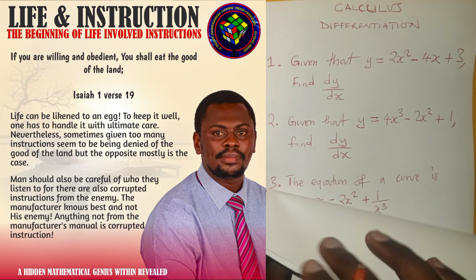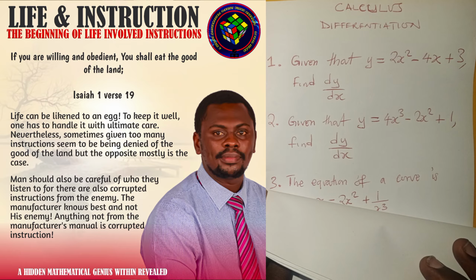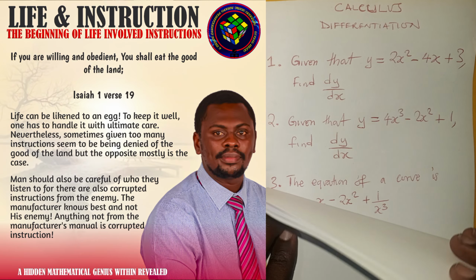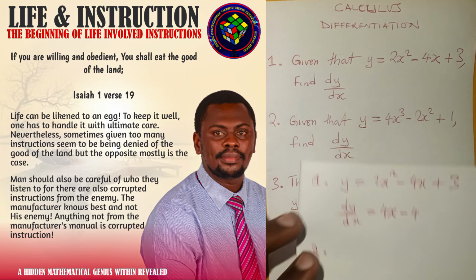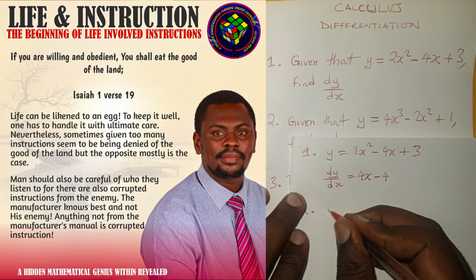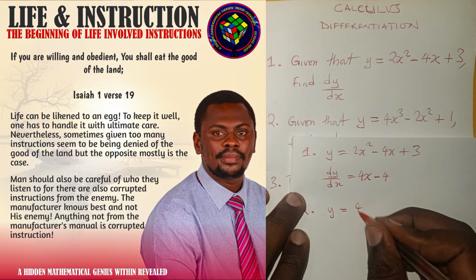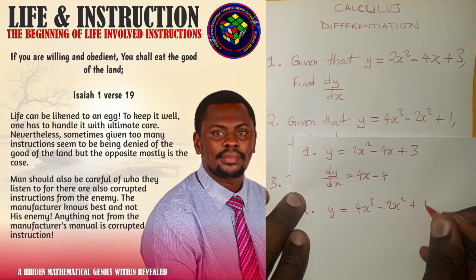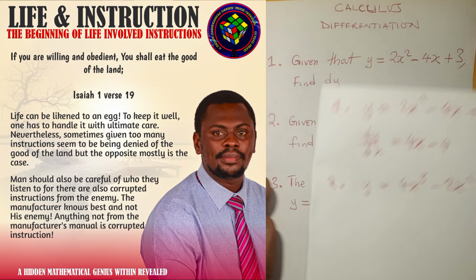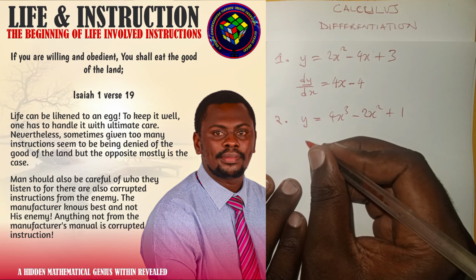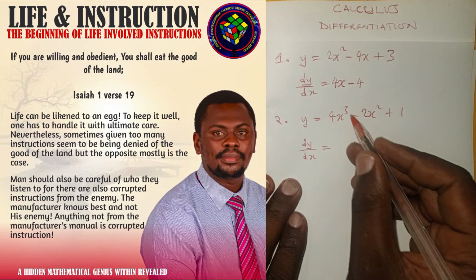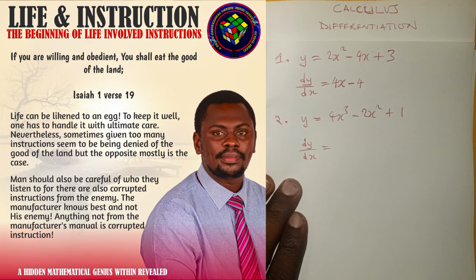Number 2, given that y is equal to 4x cubed minus 2x squared plus 1, find dy dx. So we have y is equal to 4x cubed minus 2x squared plus 1. Okay, so here we'll say dy dx is equal to, power should multiply the coefficient.